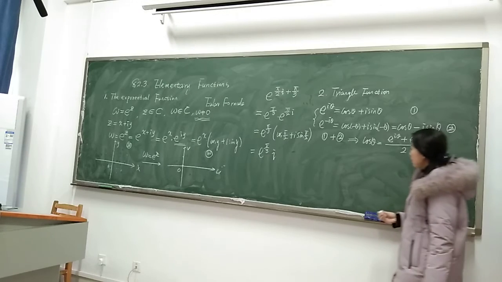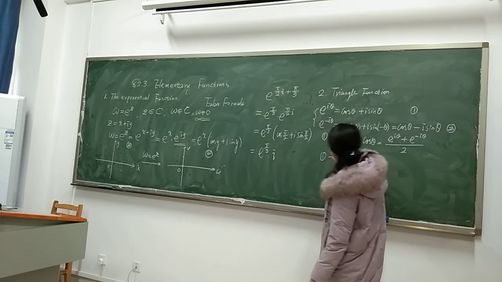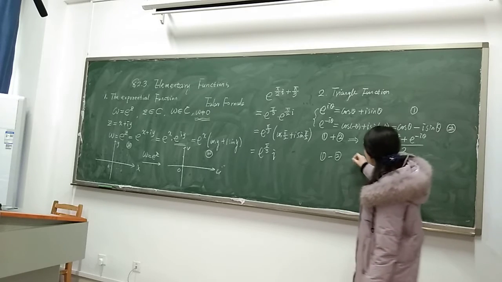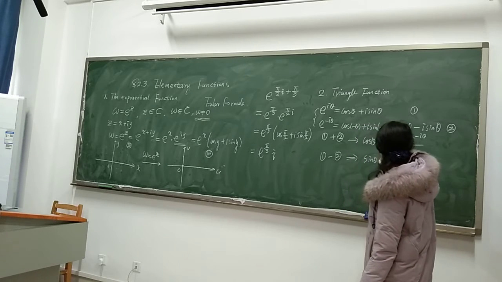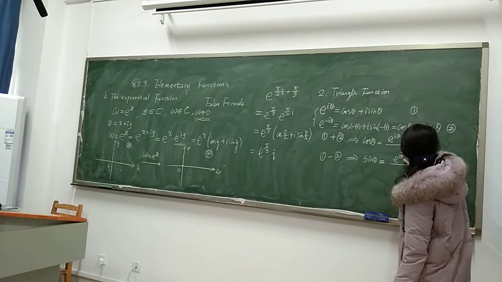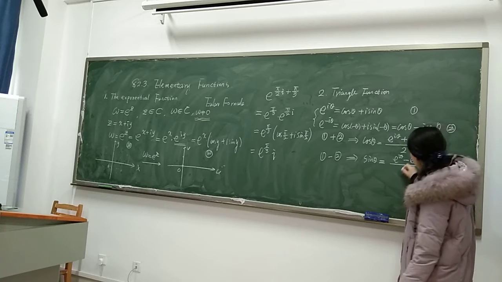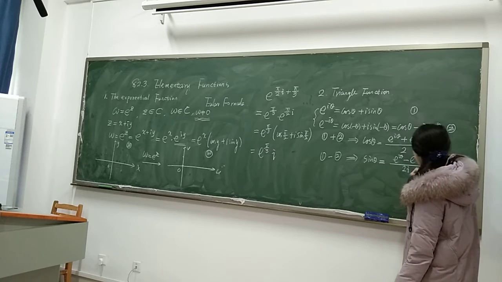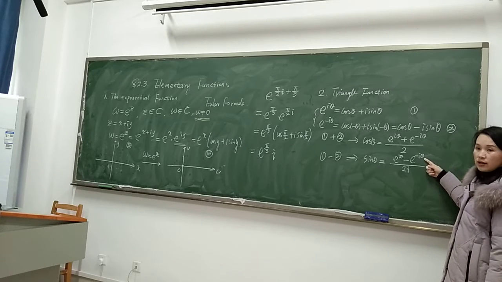But if you take the first one minus the second one, you can obtain sin θ equals (e^(iθ) minus e^(-iθ)) over 2i. Okay?